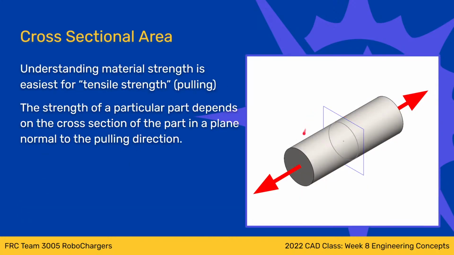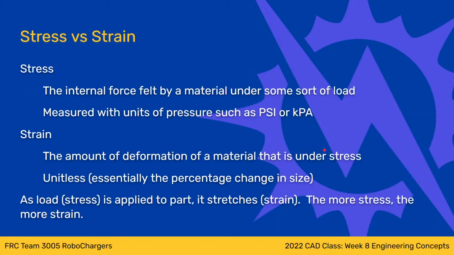So simply speaking, if this part has a 1 square inch cross-sectional area, and I apply 1 pound of force to it, the stress in the material is going to be 1 pound per square inch. Now, if I make the part bigger, for example 2 square inches in cross section, and I still apply 1 pound, well, now the stress is 0.5, or half a pound per square inch. And so the stress is related to both the force and the cross-sectional area.